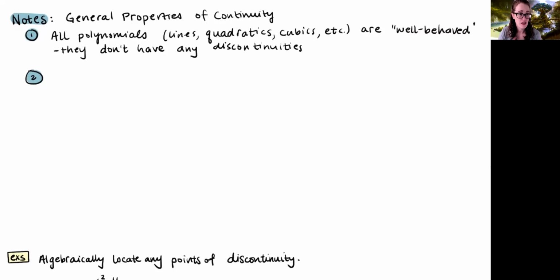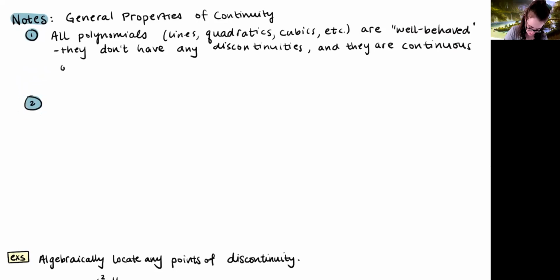There's no holes, there's no vertical asymptotes, there's no jumps, there's nothing crazy going on. They are very predictable and well-behaved. So they don't have any discontinuities. They are continuous everywhere. So you could say they are continuous on negative infinity to infinity, for all real numbers.